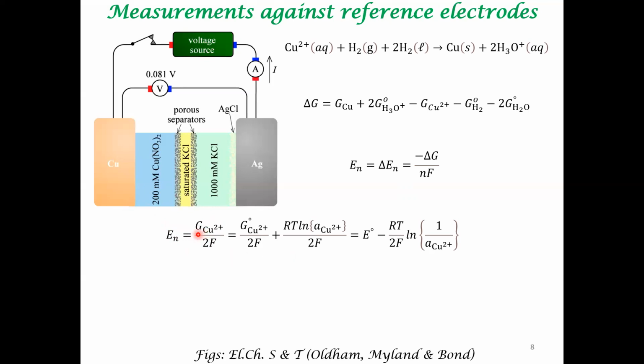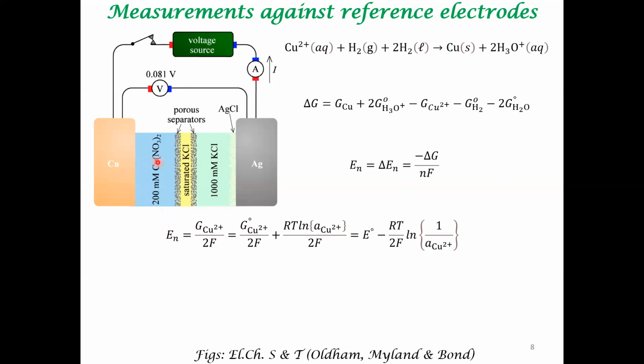Okay. To understand what is a non-standard condition, we have to define what is standard condition. Standard condition is when Cu2+ is at unit activity. When Cu2+ is at unit activity, my En would be 0.